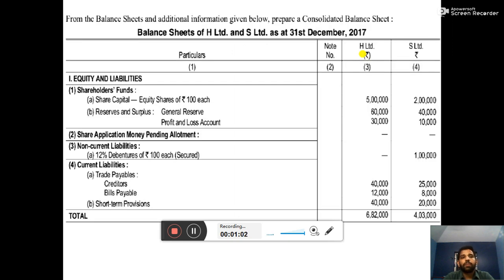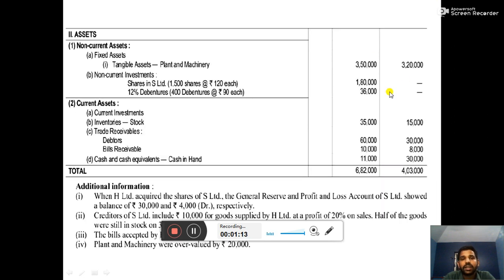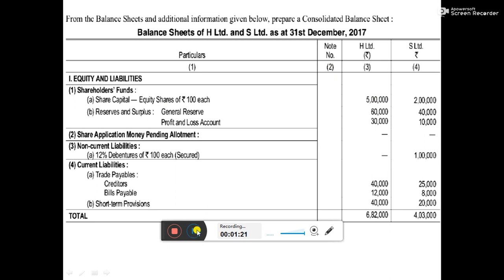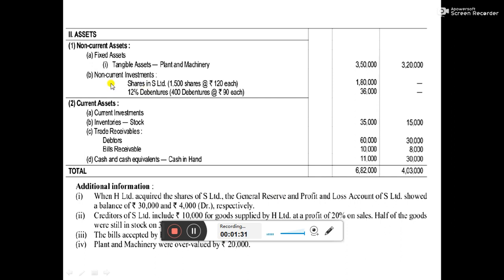In this problem, the balance sheet is given as on 31st December 2017 of H Limited and S Limited. Before analyzing the balance sheet, we have to first analyze which is the holding company and which is the subsidiary company. To identify this, we first see the non-current investment.